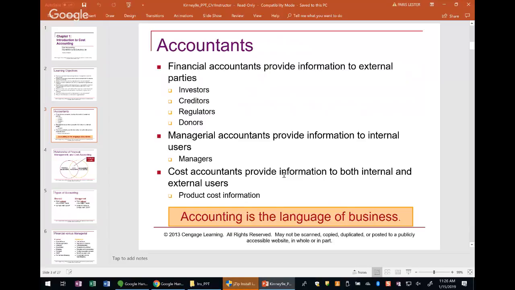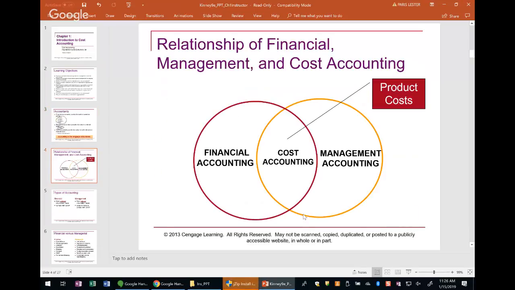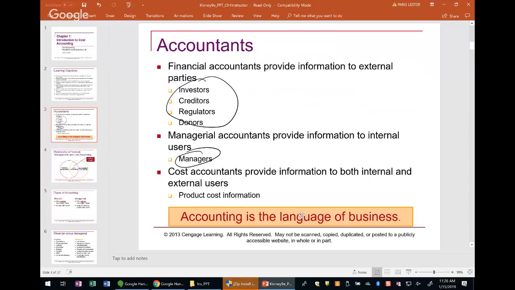Now here, back in accounting principles, we were doing accounting principles for investors and creditors. Managerial accounting we do for managers. But now cost accounting, we provide information to both internal and external users.